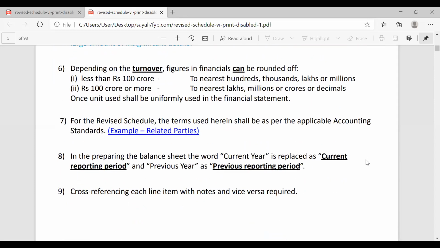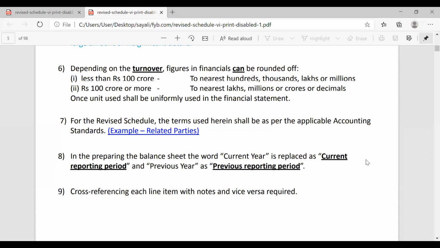For the revised schedule, the terms used therein shall also be applicable to accounting standards. Means whatever related standards and related party disclosures are there should be recorded in the books of accounts or the financial statement. In the previous balance sheet we wrote the words current year. So in the new format of the balance sheet, it is written as current reporting period, whereas the previous year is recorded as previous reporting period.